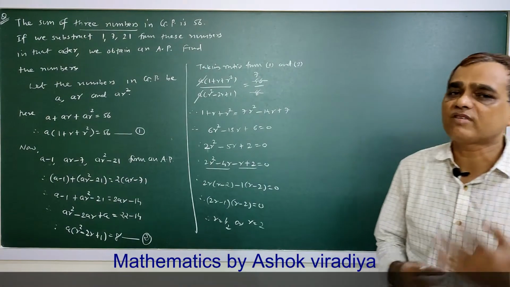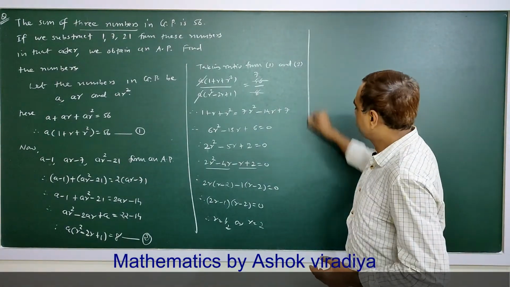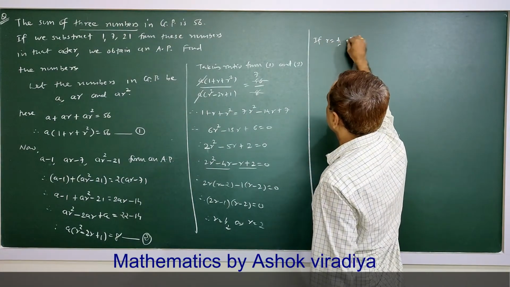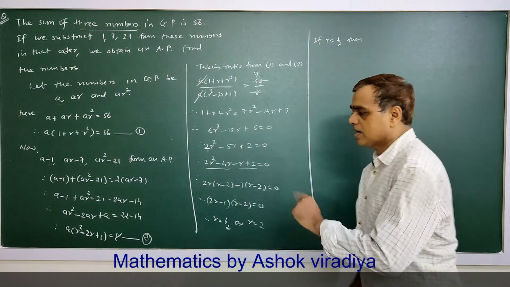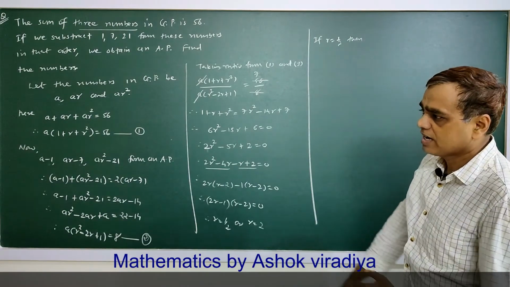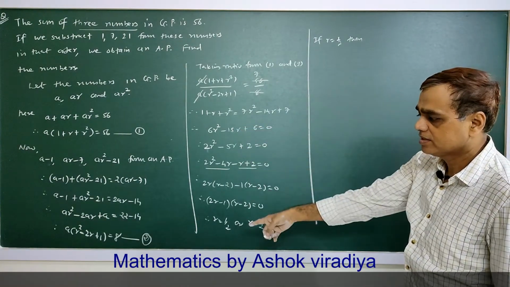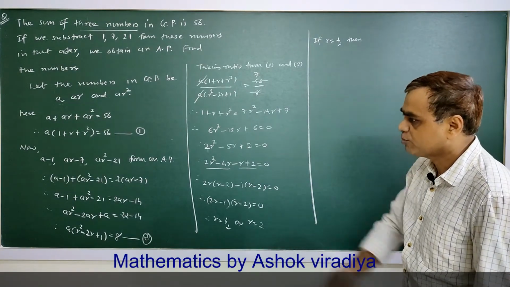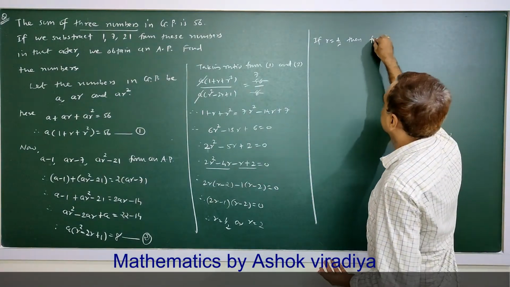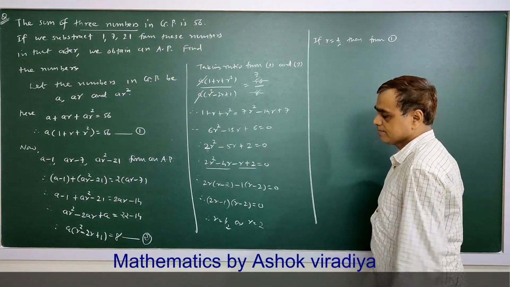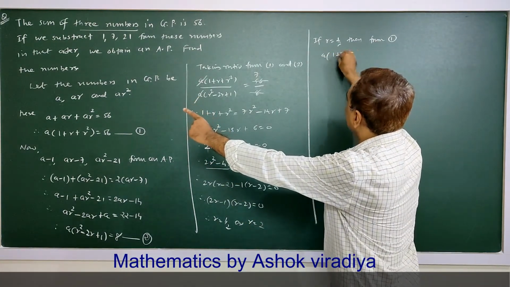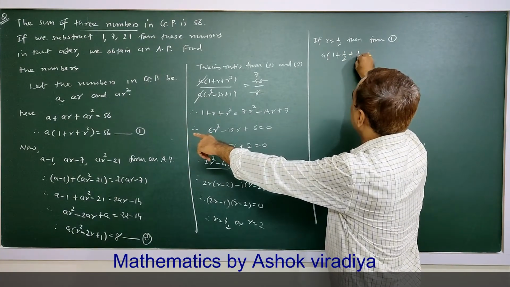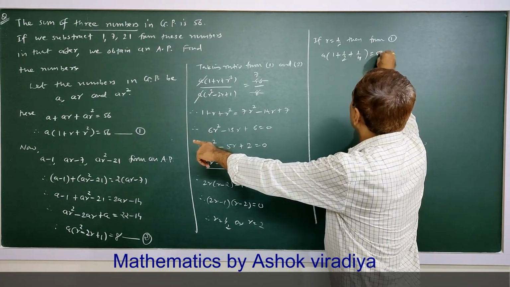Two possible values of R. Now case 1, if R is 1 by 2, now I am putting it in either equation 1 or 2. We can keep any one equation. Suppose I am putting in 1. So from equation 1, A into 1 plus R, 1 by 2, plus R square, 1 by 4, is equal to 56.